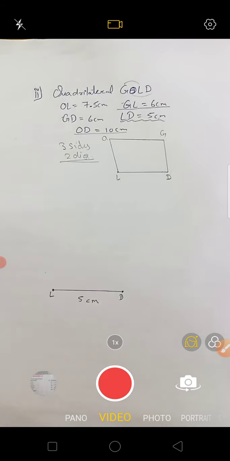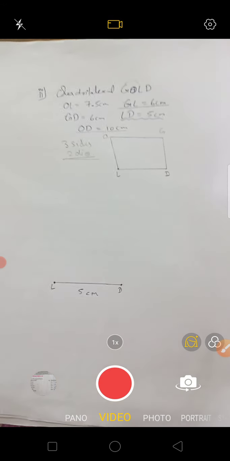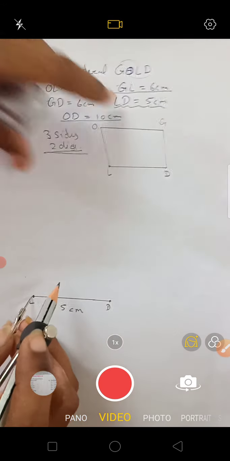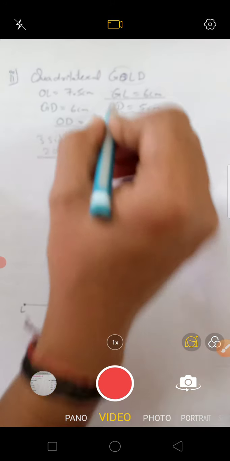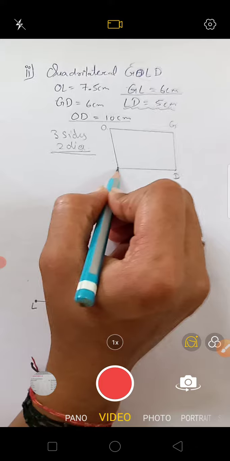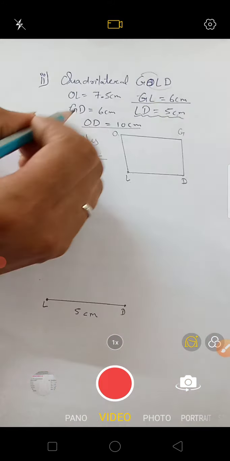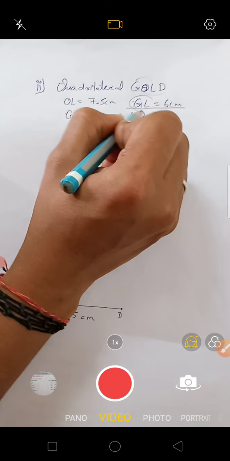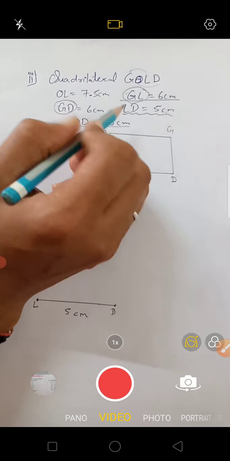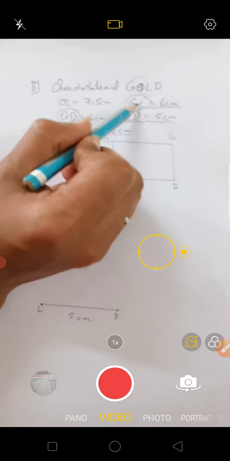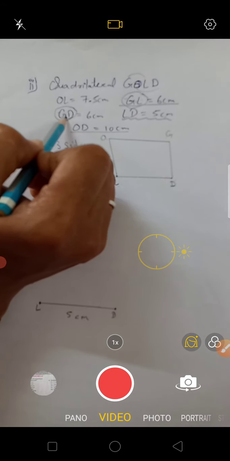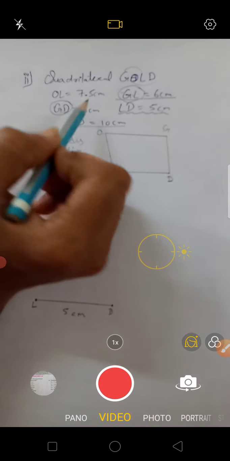Now the second step, what do we do? We take L as center, like here given LD. First we draw LD, then we take L as center and D as center, and the common point is G. We use these two side measurements, taking the radius of their measurement, and we draw it.